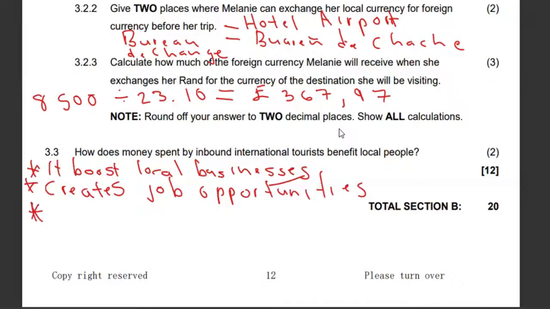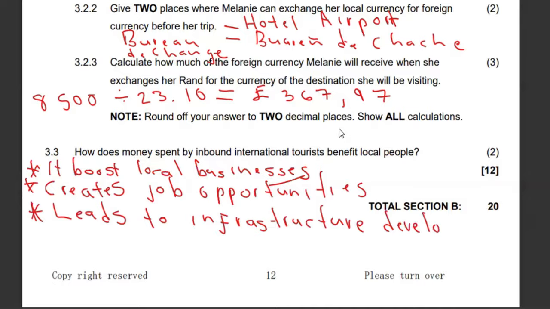Then it also leads to infrastructure development, development of roads, development of hotels, development of restaurants, which are a good thing. So that's a good thing as well. Then it contributes to the local multiplier effect.